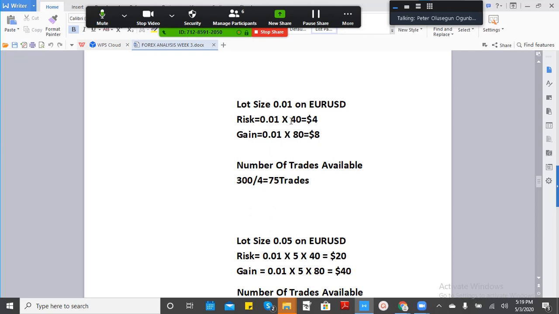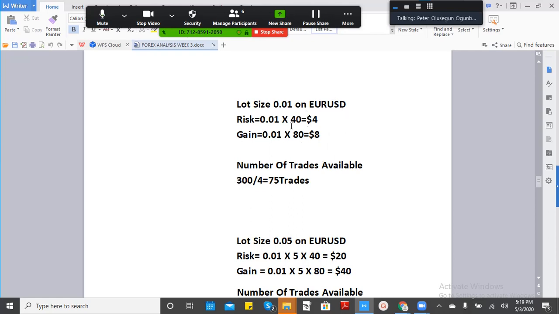Your 0.01 times 40 pips, it's like $0.1 per pip. So your 10 pips is $1, your 40 pips is $4. So to gain $8.